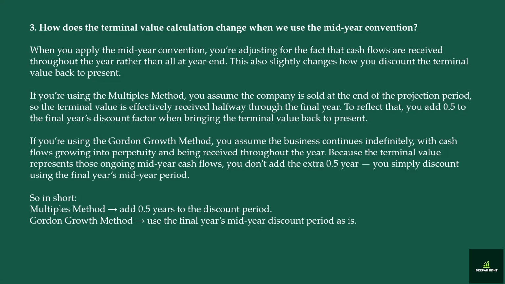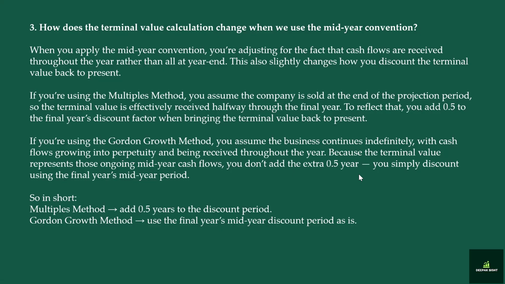And if you think about it from the Gordon growth method perspective, because these cash flows are conceptually occurring throughout each future year, the mid-year assumption already captures the timing of cash flow receipts, and therefore, when discounting the terminal value back to present, we use the same mid-year period as the final projected cash flows. So we do not add the extra 0.5.